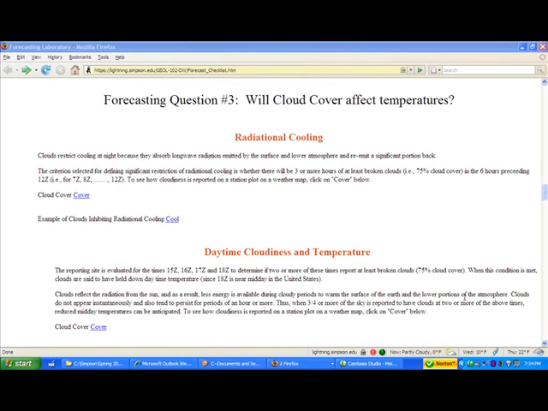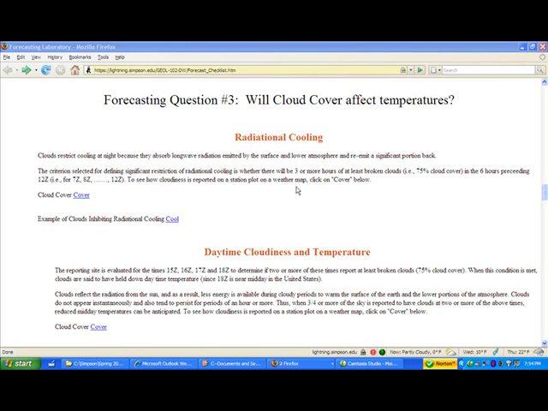Okay, we'll now move to cloud cover. And from Chapter 2 now, you understand the effects of cloud cover during the day, which tend to restrict surface heating, and cloud cover at night, which tends to keep nighttime temperatures up because of the infrared radiation that's being emitted by the clouds.